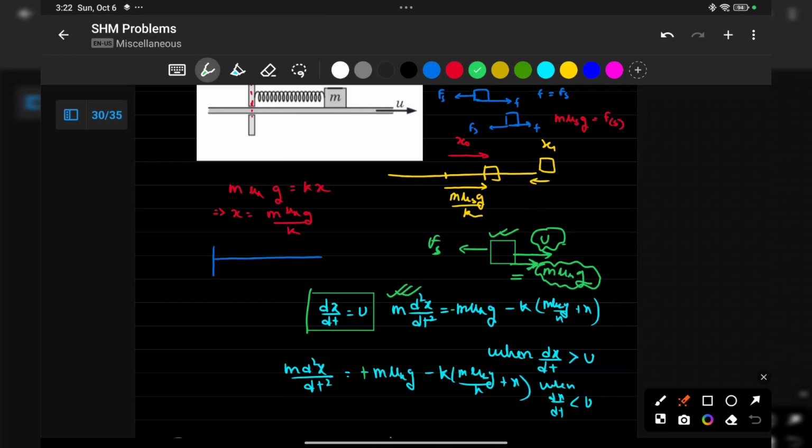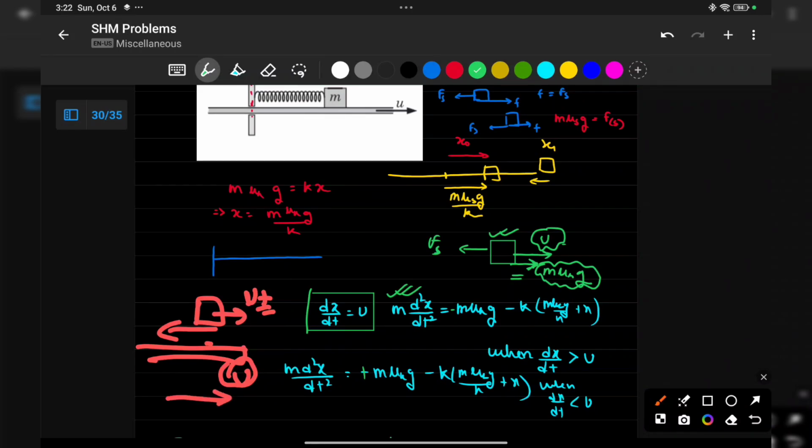Suppose this block is having velocity more than u, and the conveyor belt is having u. So what will the friction do? Friction will try to reduce its speed and make it equal to u, right? But when the velocity is less than u, the friction will work towards increasing its speed.